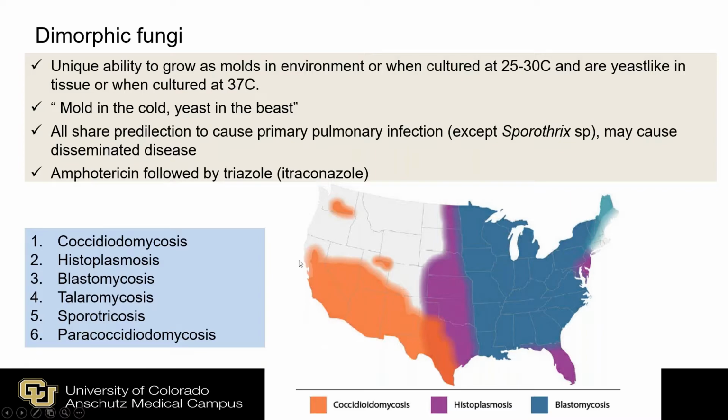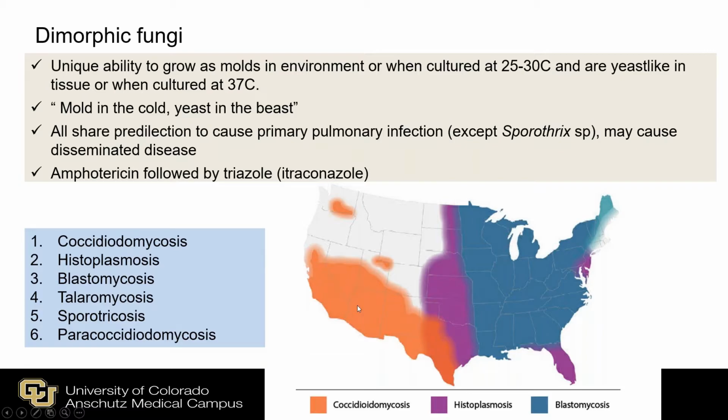This is the map of the continental United States, and just to give you an idea of how bad dimorphic fungi are in this country, I'm going to show you examples of 3 fungal organisms that are endemic to specific parts of the United States. Over here is the desert Southwest: California, Nevada, Arizona, New Mexico. I live in Denver, Colorado.